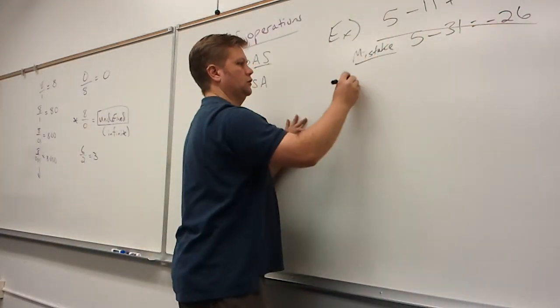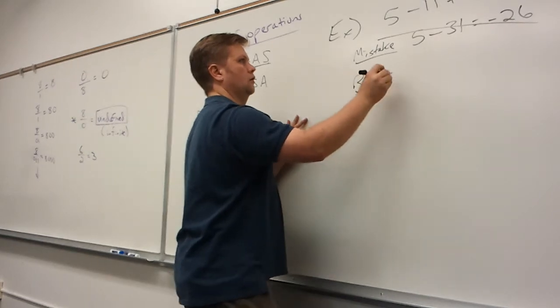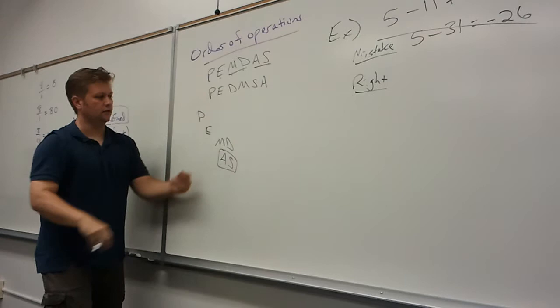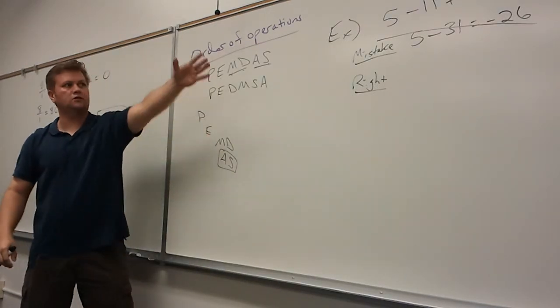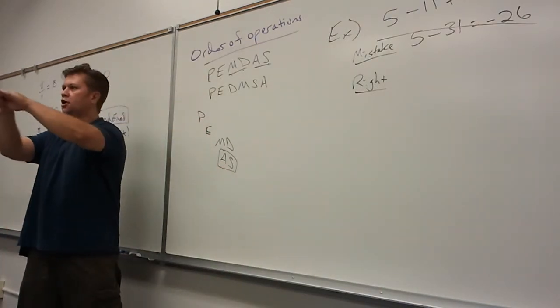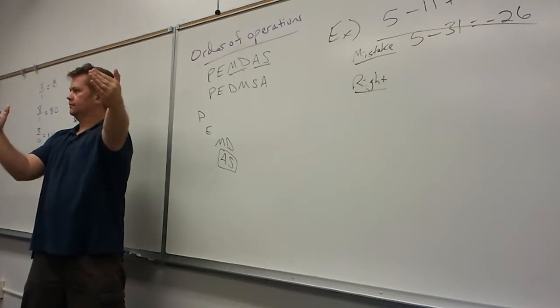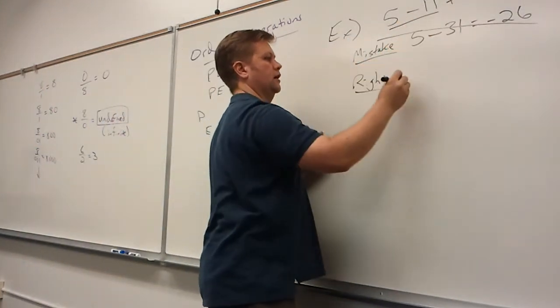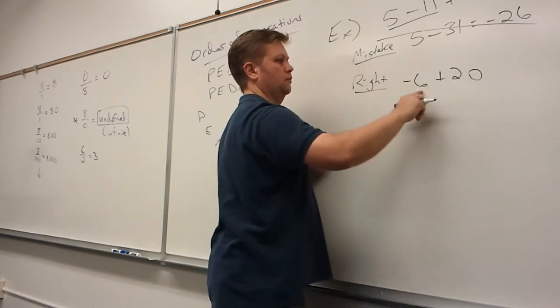So what's the right way to do it? You do it as it comes. So that's what this says. If you're on this level, I don't have any parentheses, exponents, multiplication, division, so I'm only on the A and S level. You do it as it comes. So 5 minus 11, negative 6, plus 20.